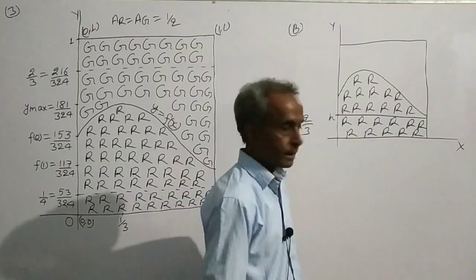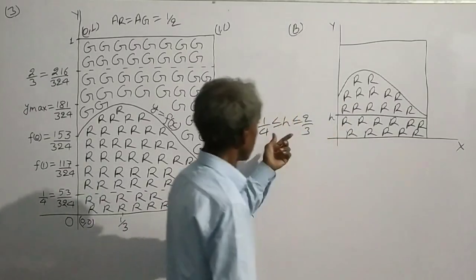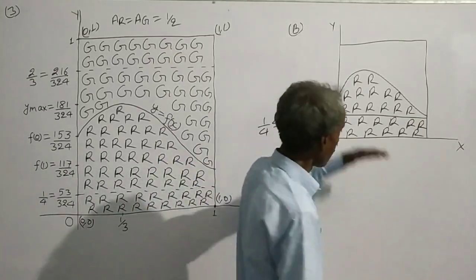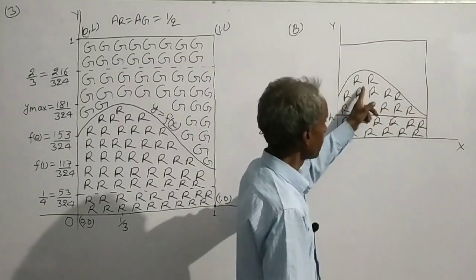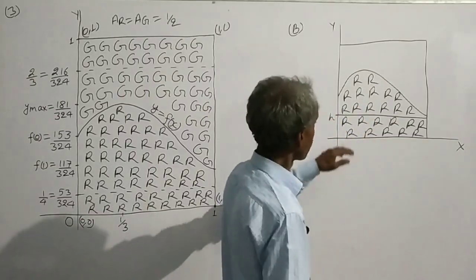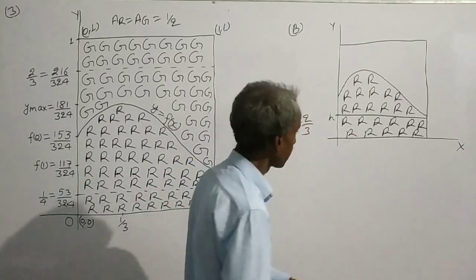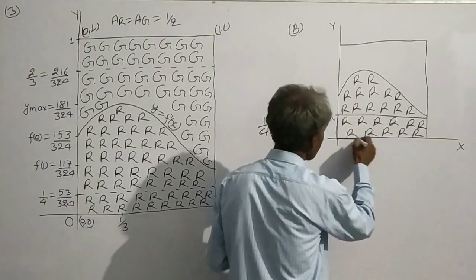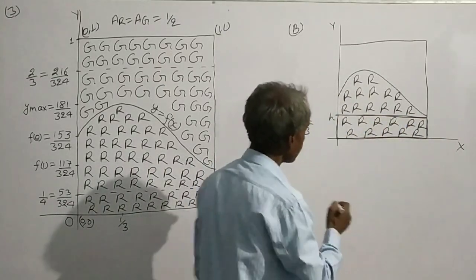In option B, it is said that a height h from 1 by 4 to 2 by 3 exists such that a horizontal line at height h divides the area of the red region in two equal parts. If such an h exists, then the area of this rectangle will be equal to half of the area of the red region.